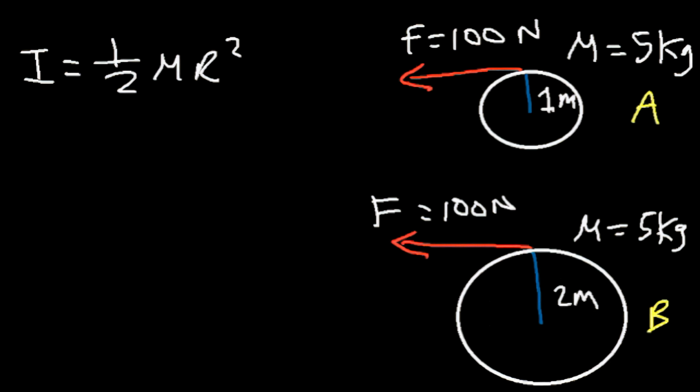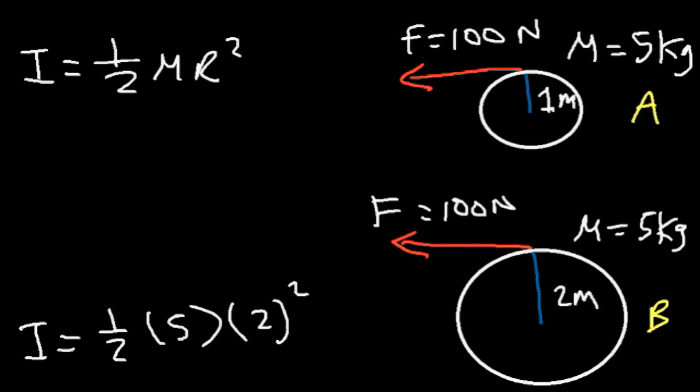So because you have a larger disk for B, it's going to have more inertia. Let's calculate the inertia for each object. It's 1/2 times the mass times the square of the radius. So 2 squared is 4, half of that is 2, times 5. For object B, it has an inertia value of 10.